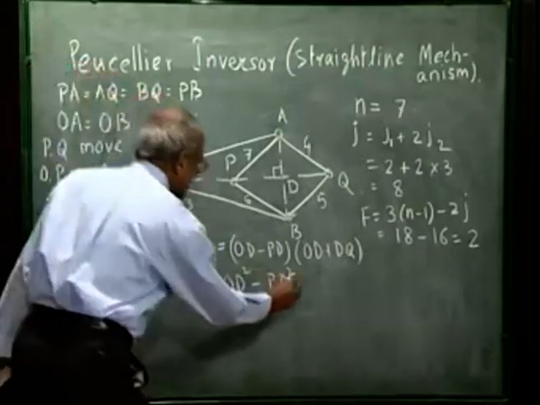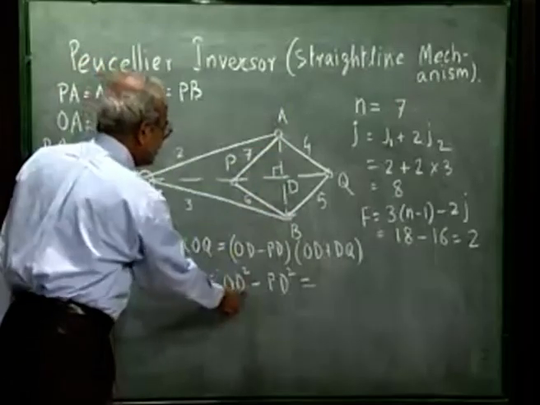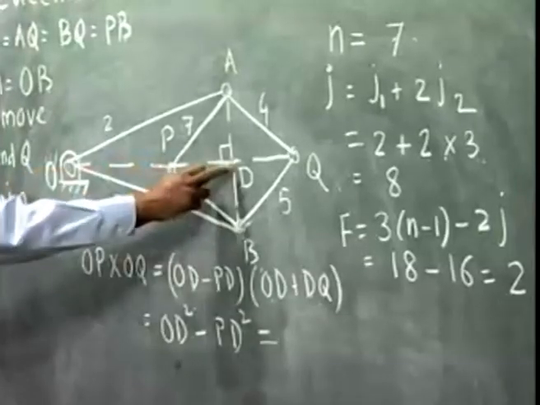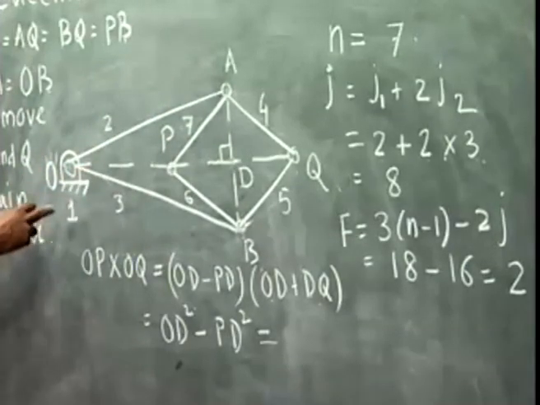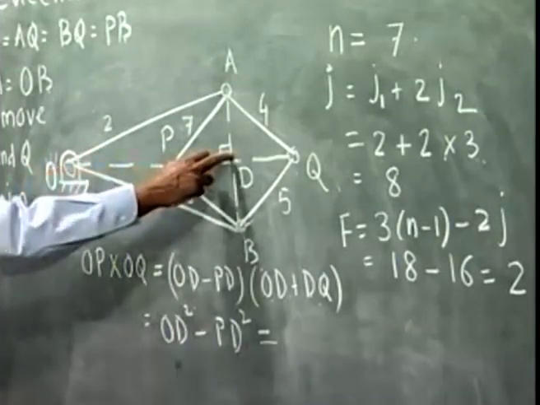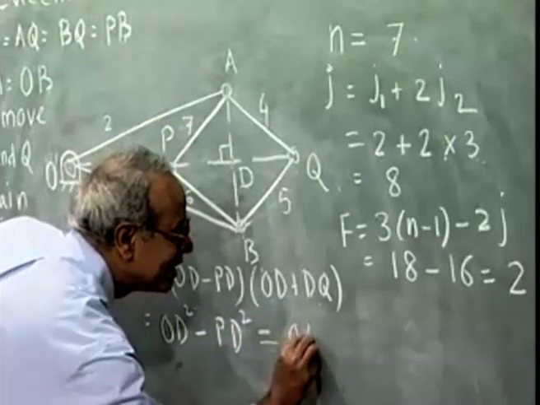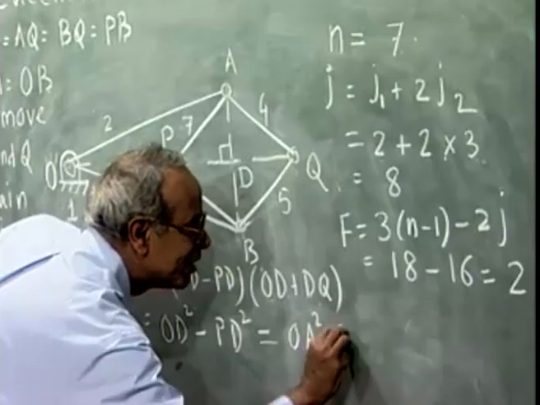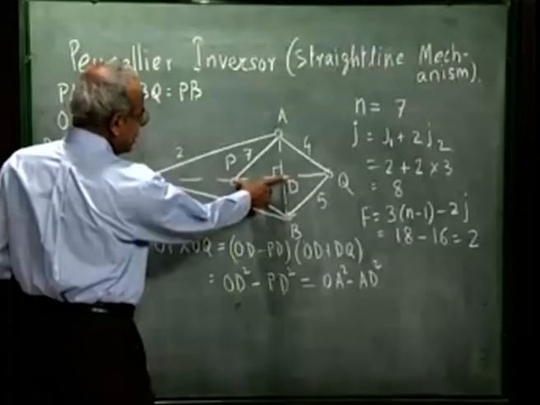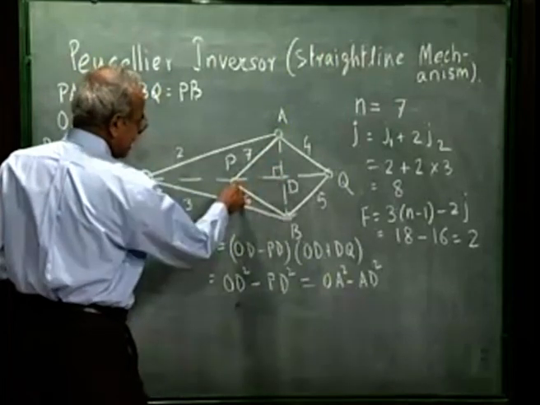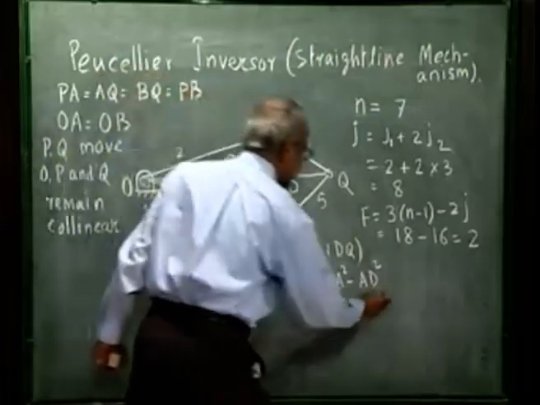Now I can subtract AD squared from each of these terms. OD squared, because this is a right angle triangle, using the Pythagoras theorem, I can write OD squared is OA squared minus AD squared. Similarly, PD squared, again in a right angle triangle, is AP squared minus AD squared.